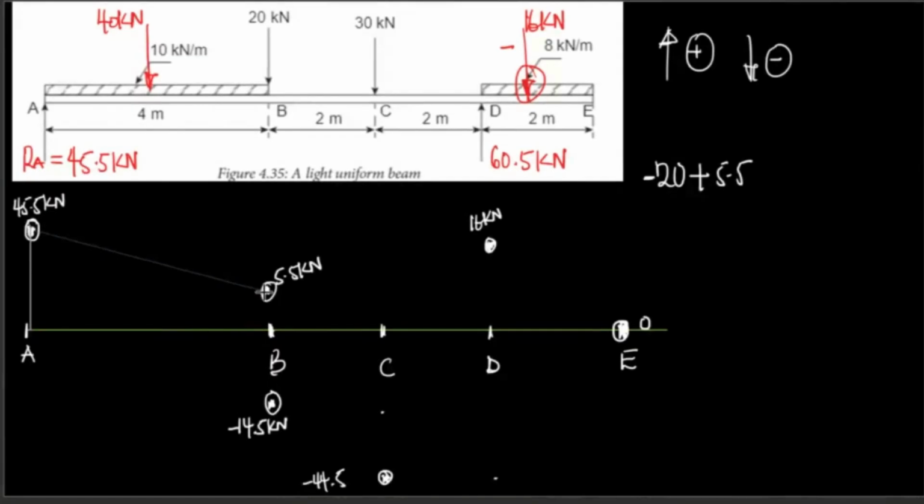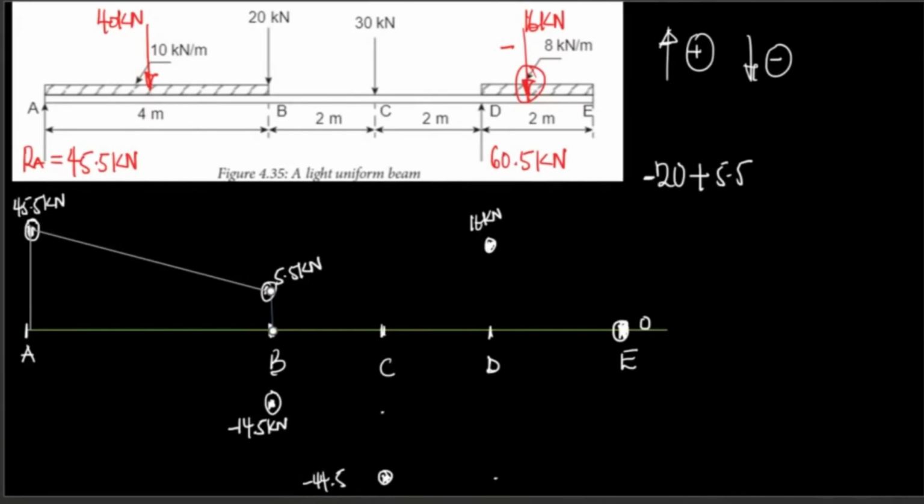Now, because there is a UDL there, a uniformly distributed load, from there it's going to be a slant line.